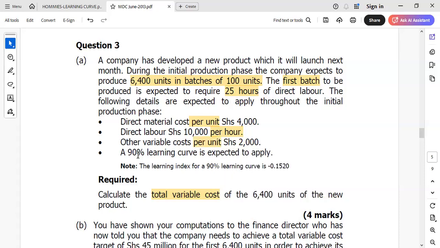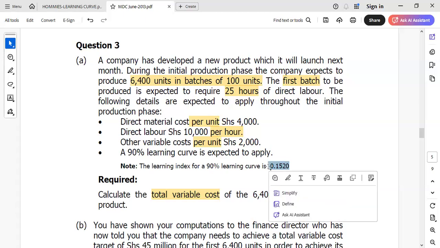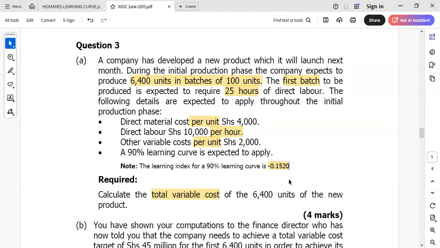Then a 90% learning curve is expected to apply. You have the learning index for a 90% learning curve. The examiner has helped you here. Remember, the learning index is B, which is equal to log R over log 2.